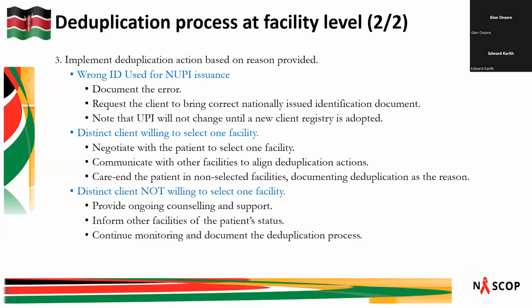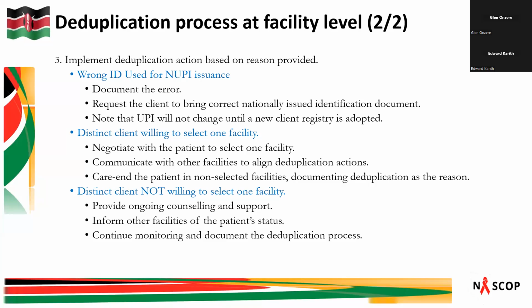So for the second use case, the one that we had talked about, the distinct client willing to select one facility, the healthcare provider will negotiate with the client to agree and select a particular facility that suits them. Communicate to the rest of the facilities to align on the deduplication action, then care end this particular patient in the non-selected facilities.